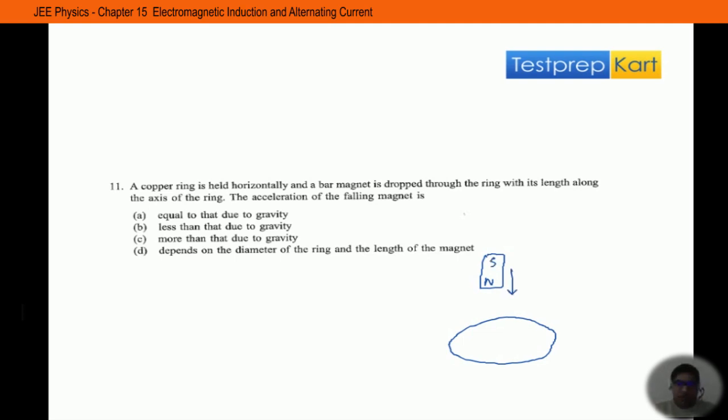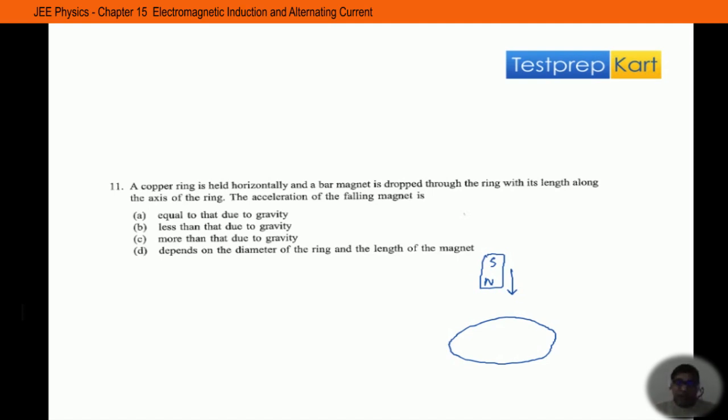Now the acceleration of falling magnet is, options are, it is equal to the gravity, it is less than the gravity, more than that due to gravity, depends on diameter of the ring and length of the magnet.